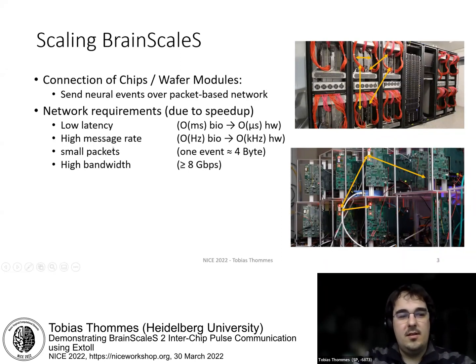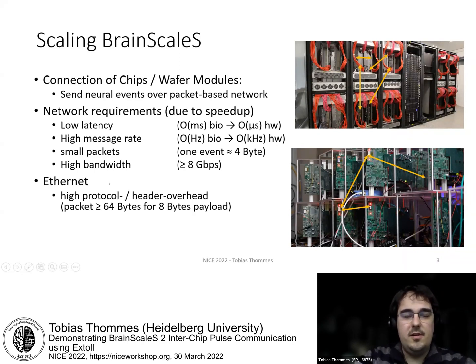We also want to have the possibility of small packets, because a single event is only 4 bytes in size, and we don't want to waste much transmission data on header and protocol. Also, we need a high bandwidth, as we connect our chips to FPGAs for readout and communication with a link of 8 gigabits per second.